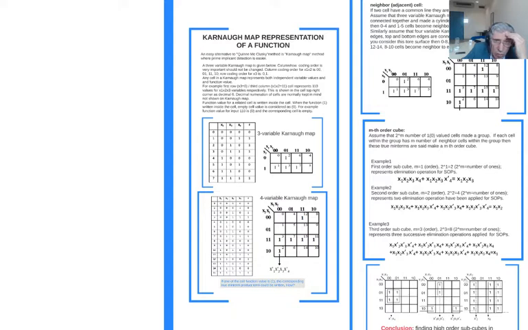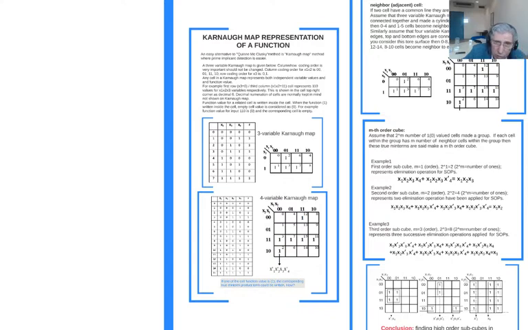So that is this first row here, and the function value is 0. So this cell corresponds to this first row. In decimal it is 0. The function value is 0, and we don't write anything if it is 0. If the function value is 1, we write 1 inside the cell.